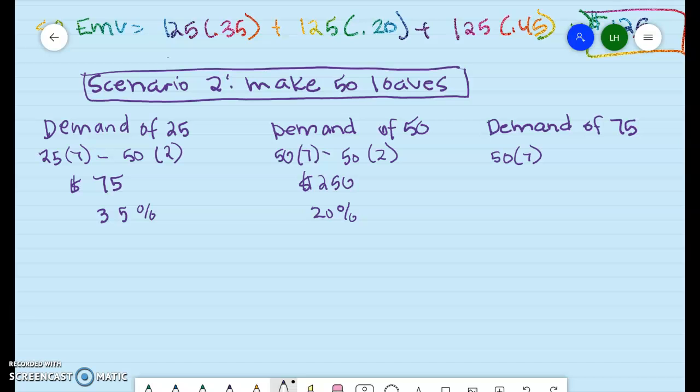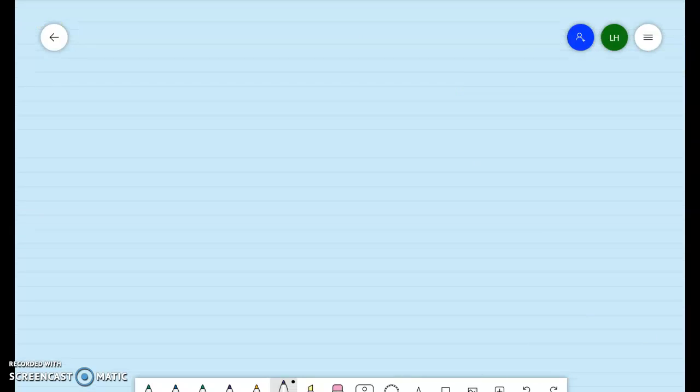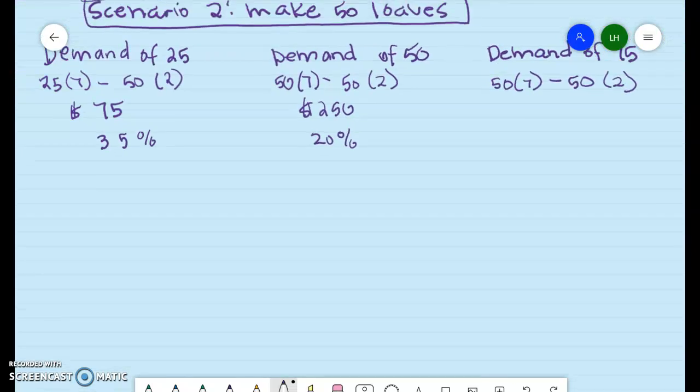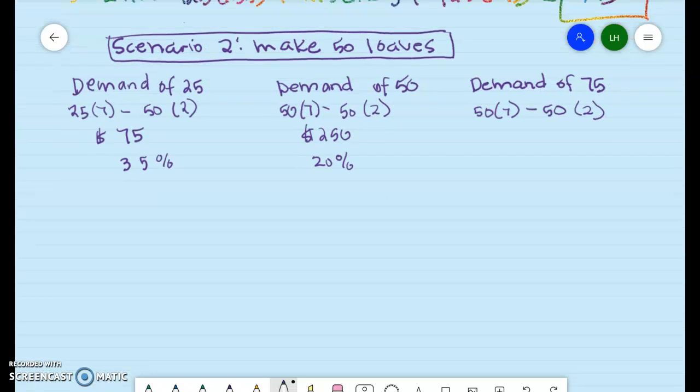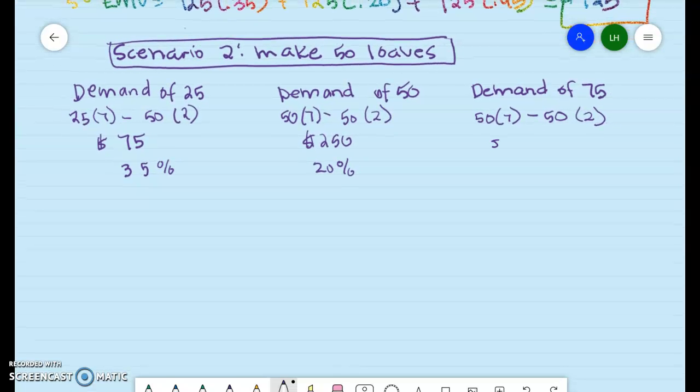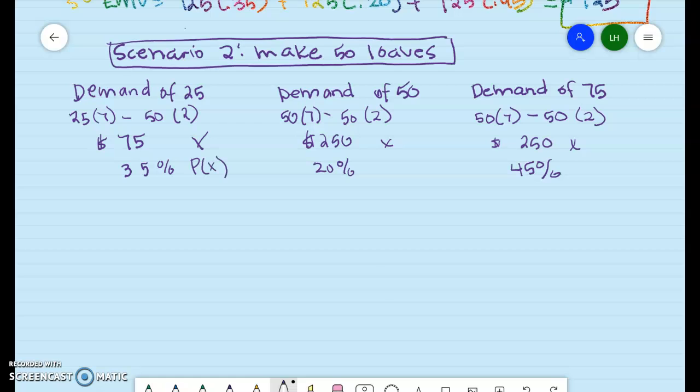We can't sell more than that. And so we are at our limit here. So it doesn't matter if the demand's 75, I can't sell that if I only made 50. So the probability is 45%. So this is X and this is P of X.